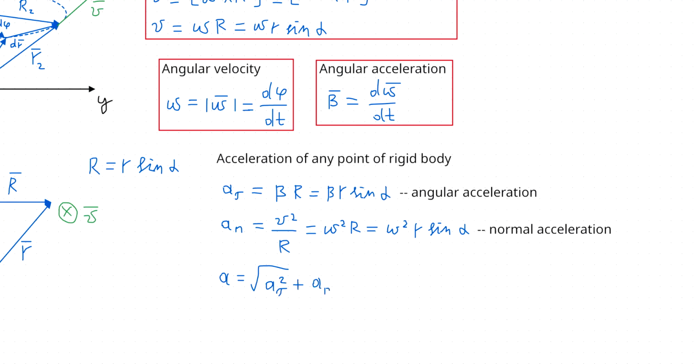So we have this formula for full acceleration, and according to the formula above, it will result in r multiplied by the square root of beta to the power of 2 plus omega to the power of 4.